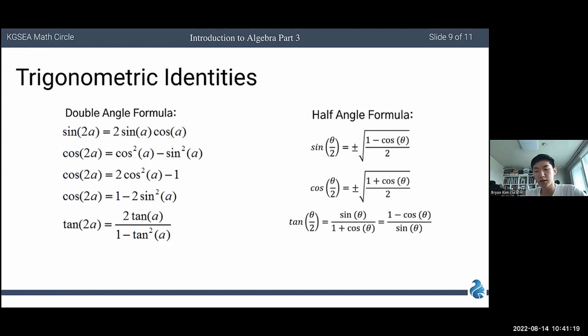And whenever you come across angles whose trigonometric functions you're not sure about, such as tangent 15 or sine 15, then you can apply these formulas to figure out the exact value of those trigonometric functions. So I'll give you guys another 10 seconds to familiarize yourself with these formulas.